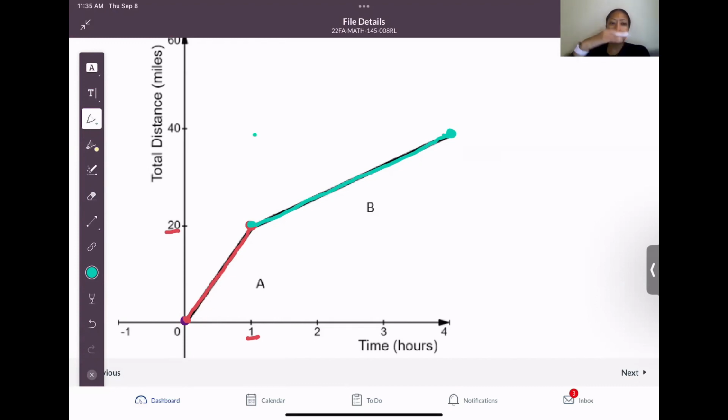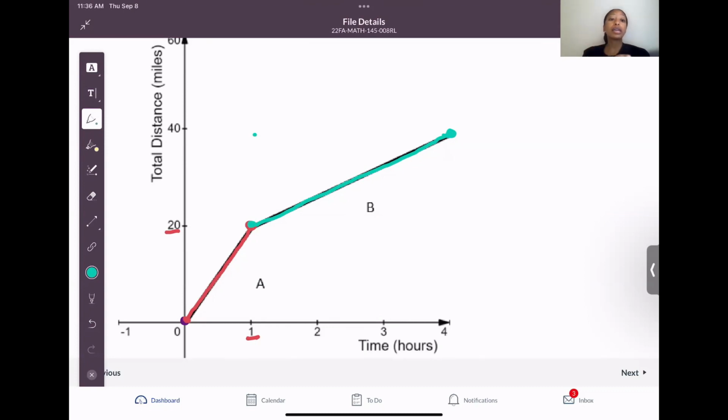So he's gone from 20 to 40 miles. So for the first 1 hour, he went 20 miles. And then for the 3 hours after that, hours 2, 3, and 4, he went another 20 miles. Sounds like his speed changed, right? Because he went the same distance in 1 hour in the first segment as he did in 3 hours in the second line segment.